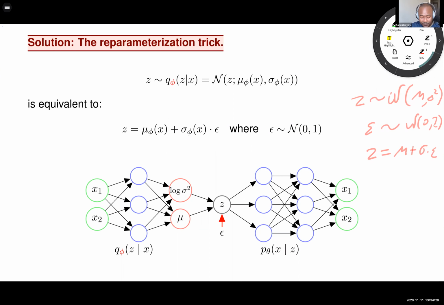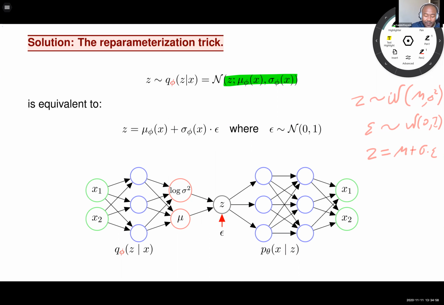So in particular, we have a Gaussian to sample from, and we need to do this in the backpropagation step. This is intractable, so we separate out the stochastic and non-stochastic parts of the problem, and we end up with a computation graph that looks like this. What is nice about this computation graph is that now we can backpropagate purely with deterministic quantities.